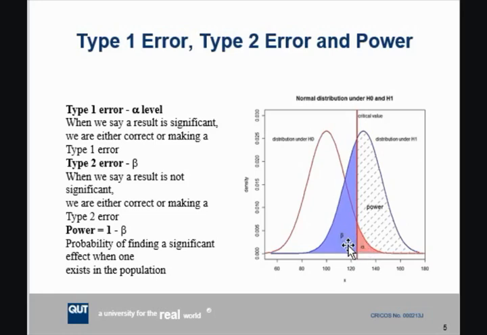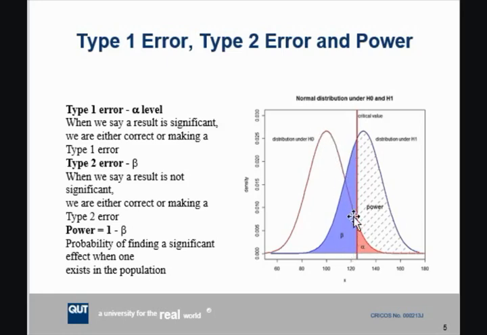Of course, our score could fall just the other side of the cutoff. Therefore, we do not reject the null hypothesis and we say that the IV has had no effect, but in fact, it has come from the alternative distribution. In this case, we've made a type 2 error, the probability of which is beta.